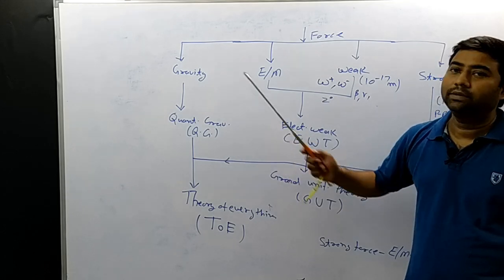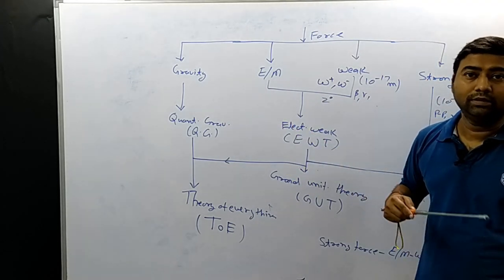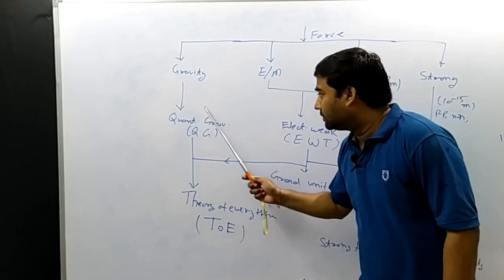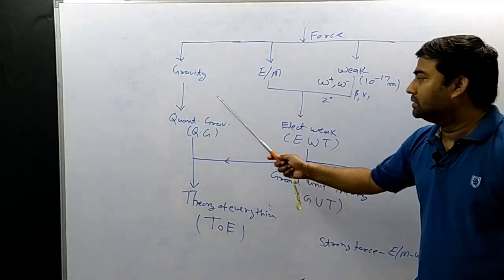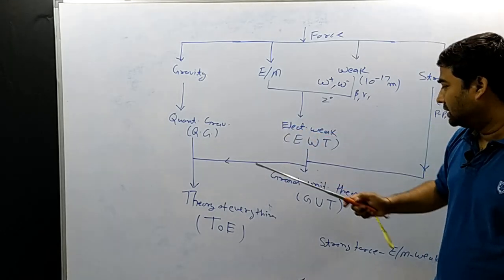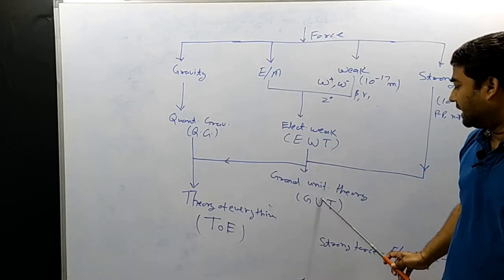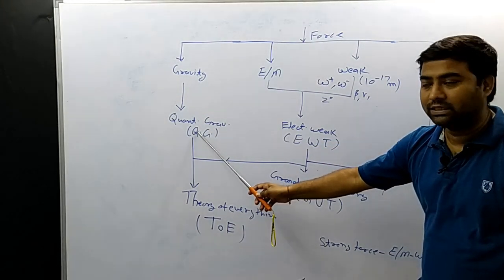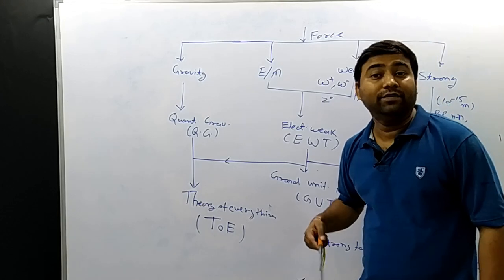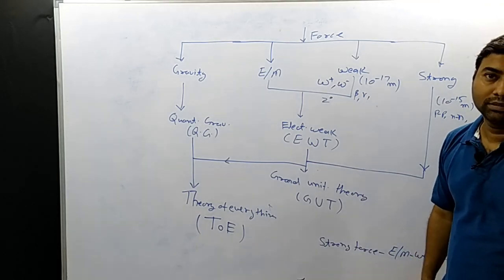After that, a single theory will merge gravitational theory and grand unified theory, that is the theory of these three forces. This merged theory will be called the theory of everything. The theory of everything will explain all four basic forces.